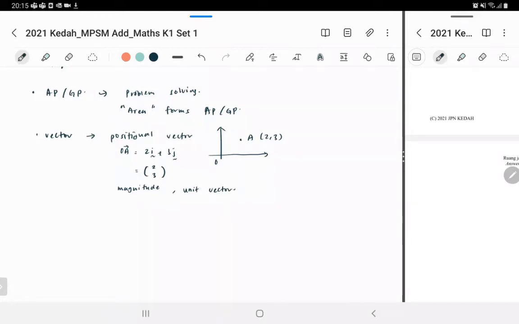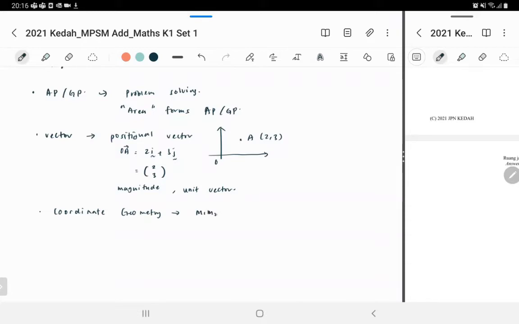Okay, and then the next one is, what's that called already? Form 4 also, the coordinate geometry chapter. About the M1, M2 perpendicular line.